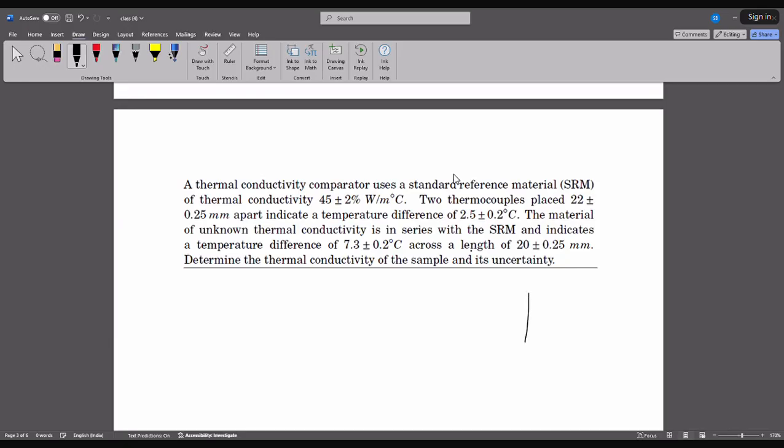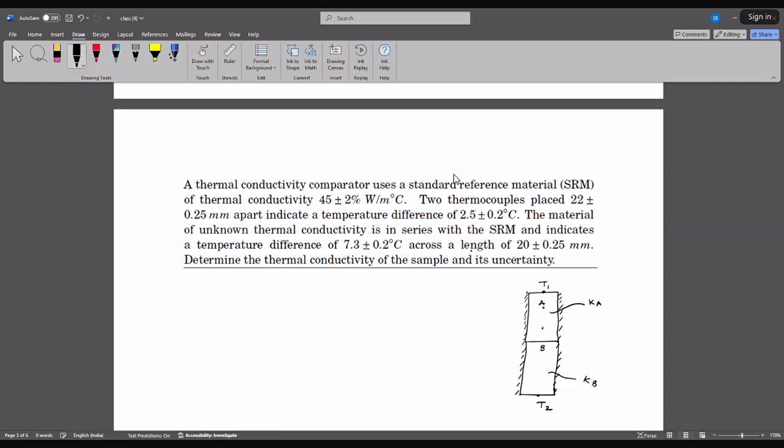Typically we have a standard reference material, then an unknown material whose thermal conductivity we want to measure, and the side walls are insulated. Let's say the temperature is T1 at one end and T2 at the other. This is material A, this is material B. Let A be the standard material, with thermal conductivity Ka, and Kb for B.